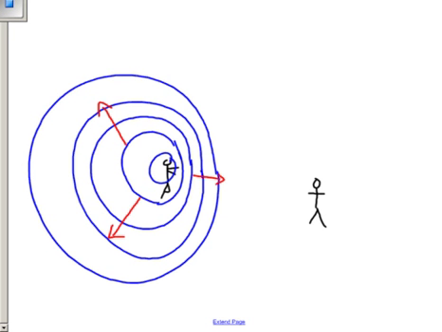But the sound is still going out way faster than the person's running. So the sound is going to get to the listener quite quickly still, but it's going to be a little closer. So instead of hearing the note, wah, they're going to hear, wah. They're going to hear a higher note because the wavelength is a little bit shorter. So the wavelength has gone down a little bit, decreased.